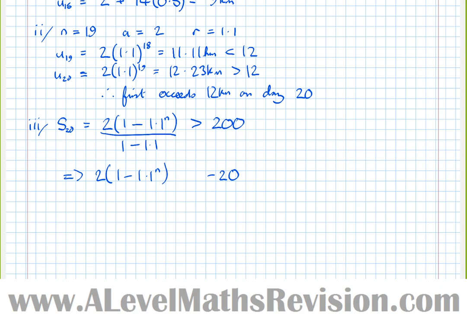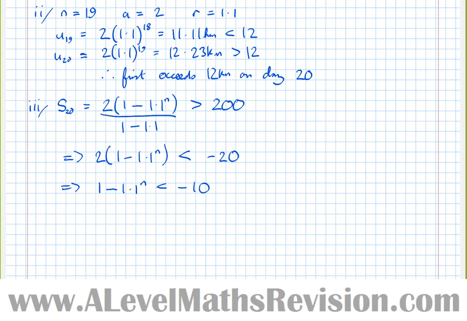But remember, we've had to multiply by a negative number, so that changes the direction of the inequality sign. Divide by 2. Means that 1 minus 1.1 to the n is less than minus 10.